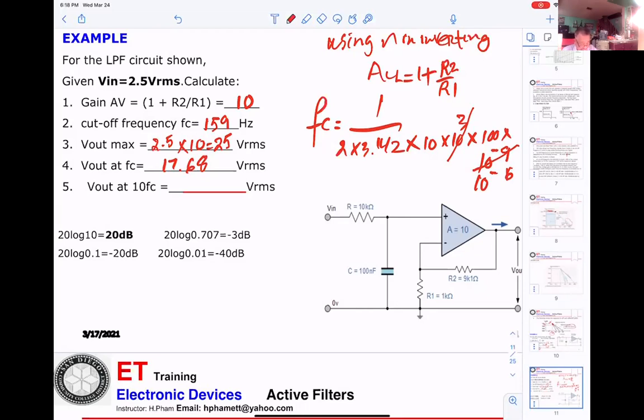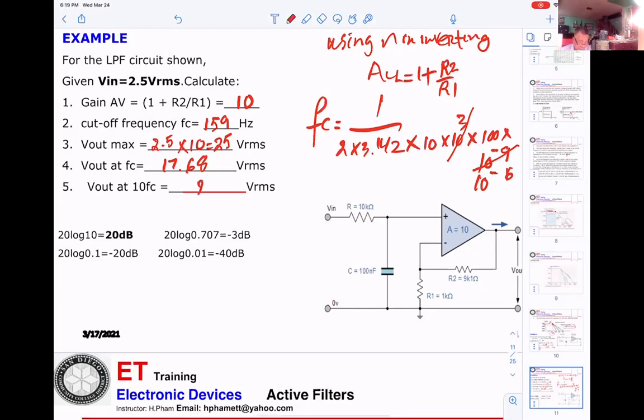And now you can calculate the VL at 10 times the cutoff. 25 times 0.1, 2.5, right?